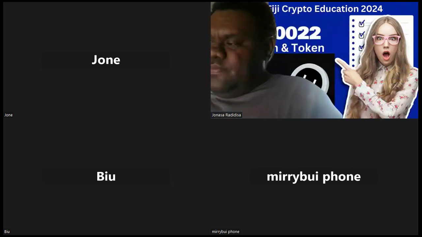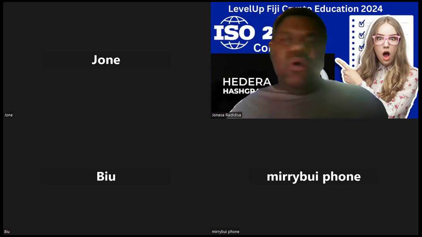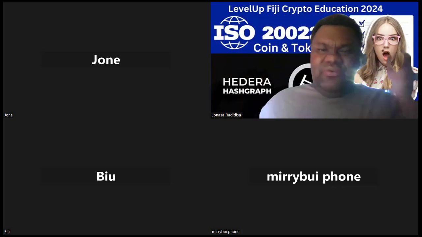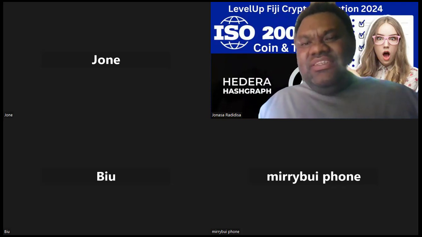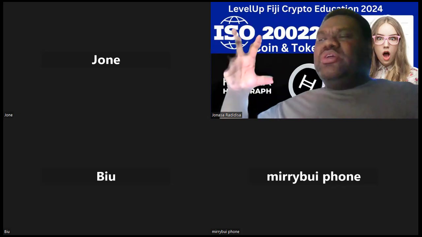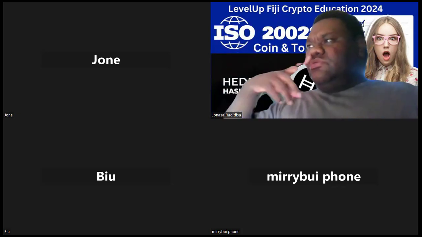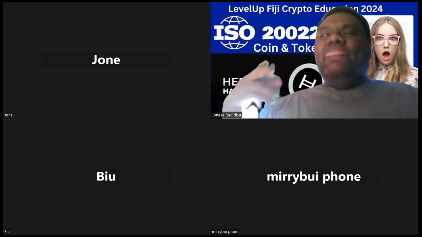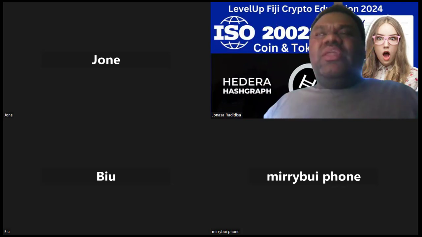For the network, another one is slashing. If you heard that in the last video, slashing is another word for burning the token. Let's say a node has been verifying transactions and is producing new Hedera coin.